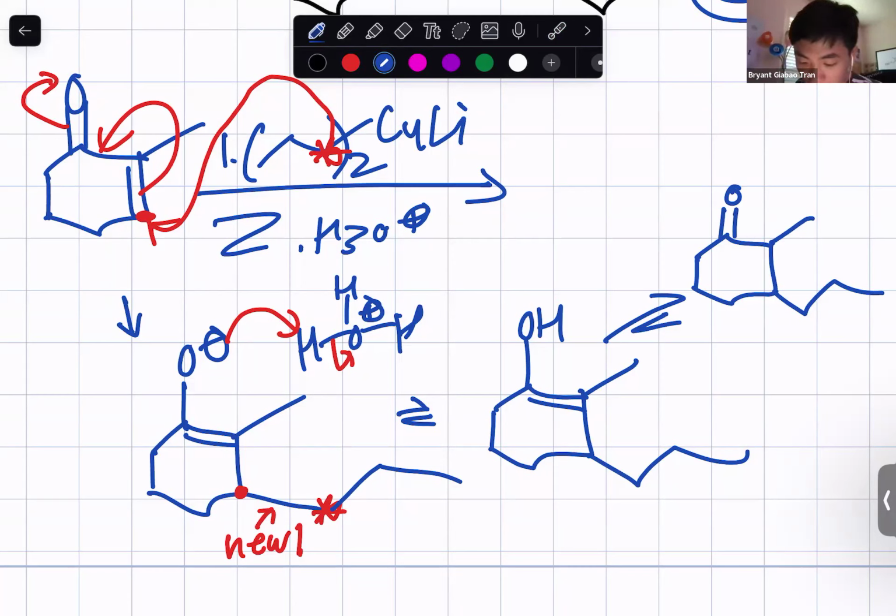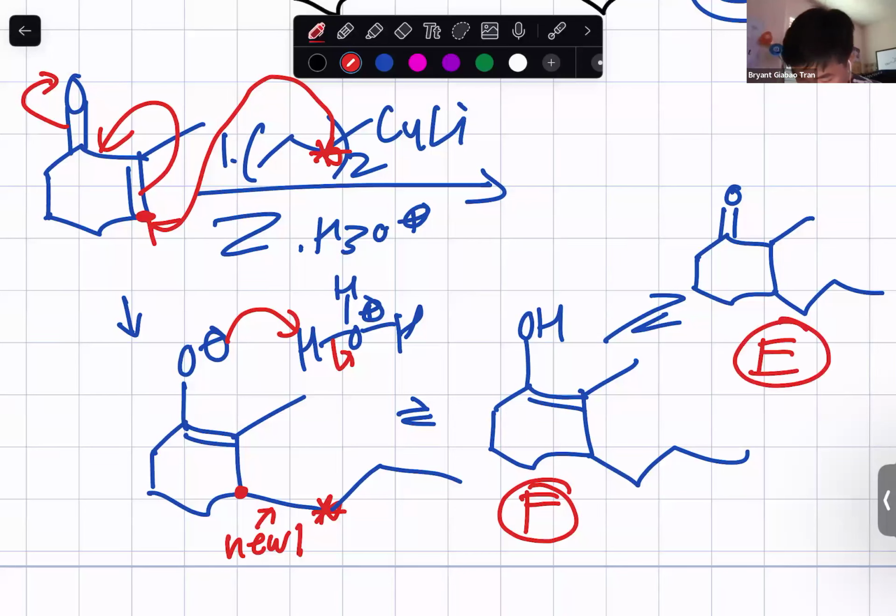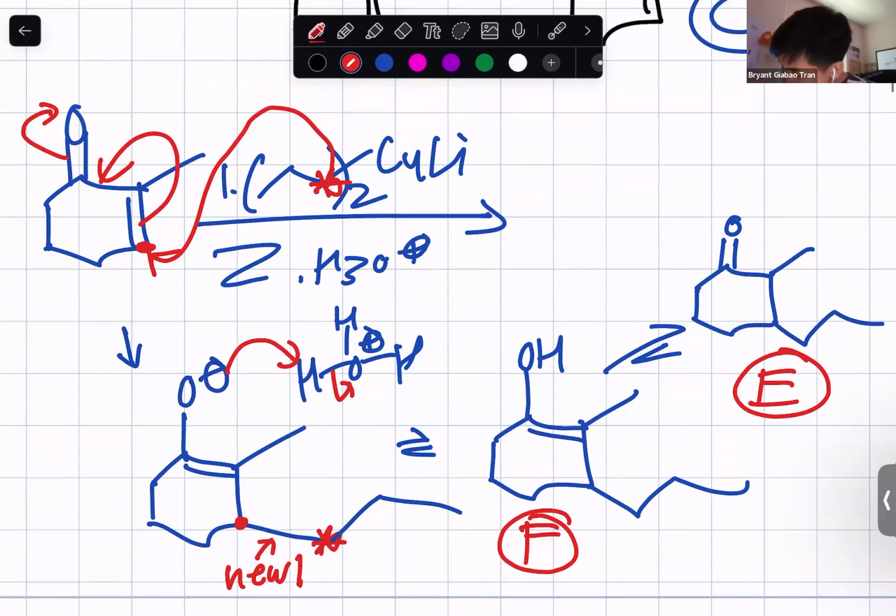Okay. So the reaction is in the major product is initially compound F, right? Which immediately converts to compound E via a tautomerization mechanism.